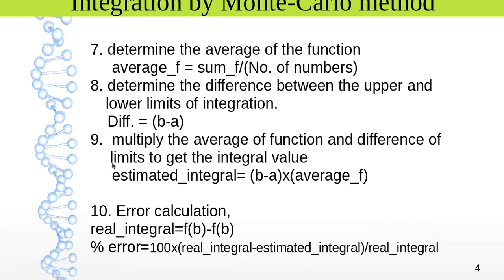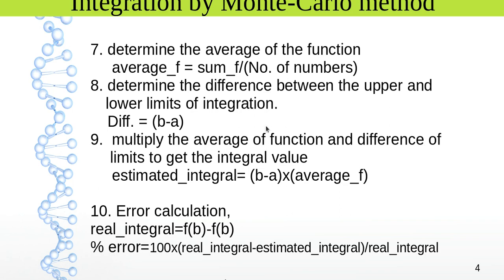We call this integral value the estimated integral. So this equals b minus a times the average of f. This is how we can estimate the integral value of a function by the Monte Carlo method.